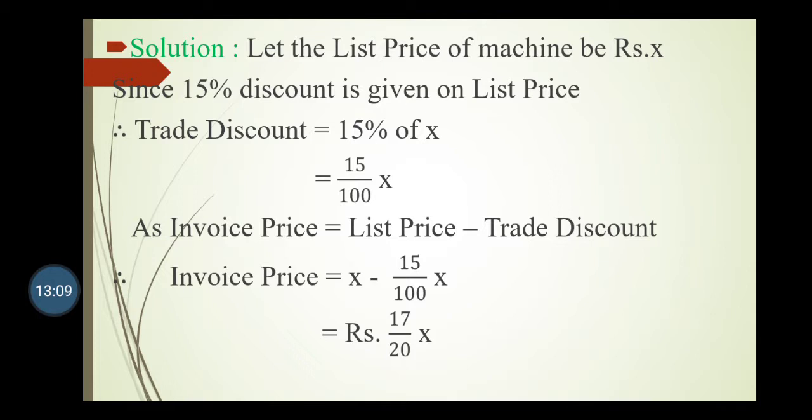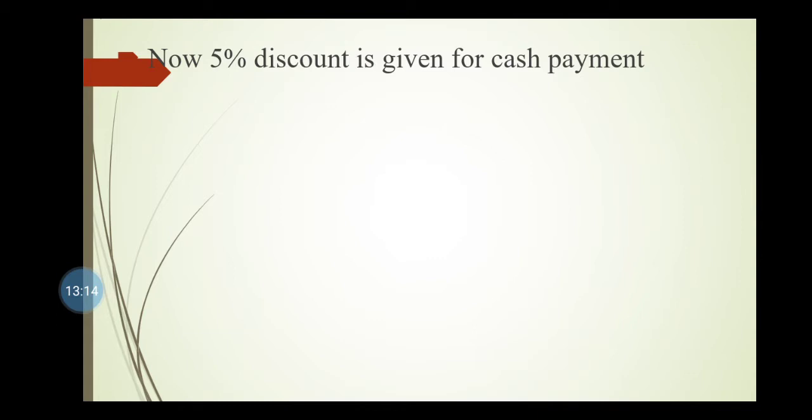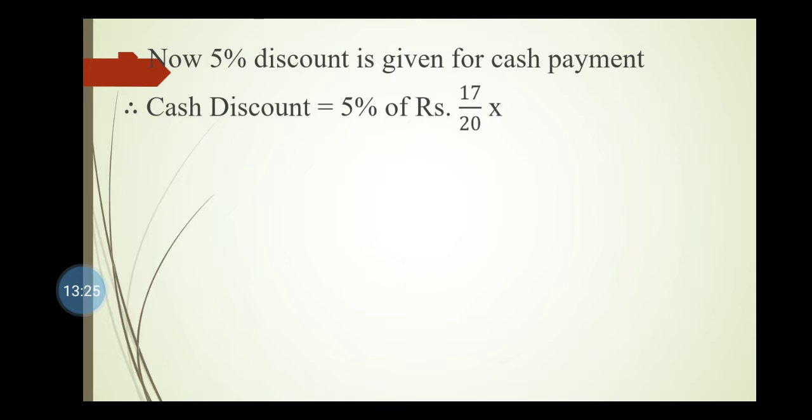Now we will calculate the cash discount. As 5% discount is given for cash payment, we find the cash discount as 5% of invoice price.